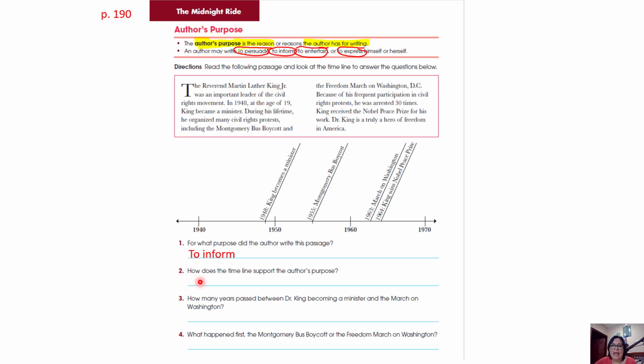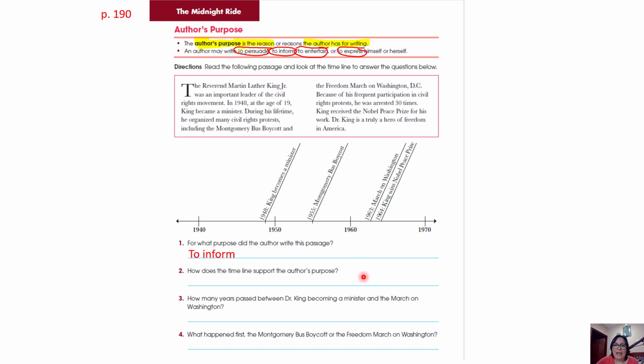Number 2, how does the timeline, this one is a timeline, support the author's purpose or help the author's purpose? Do you think that this timeline is good for you to have information about Martin Luther King? Or do you think this timeline is helping the author's purpose, that is to inform you? Yes, right, because you can see the years, the dates, and the events in the life of Martin Luther King.